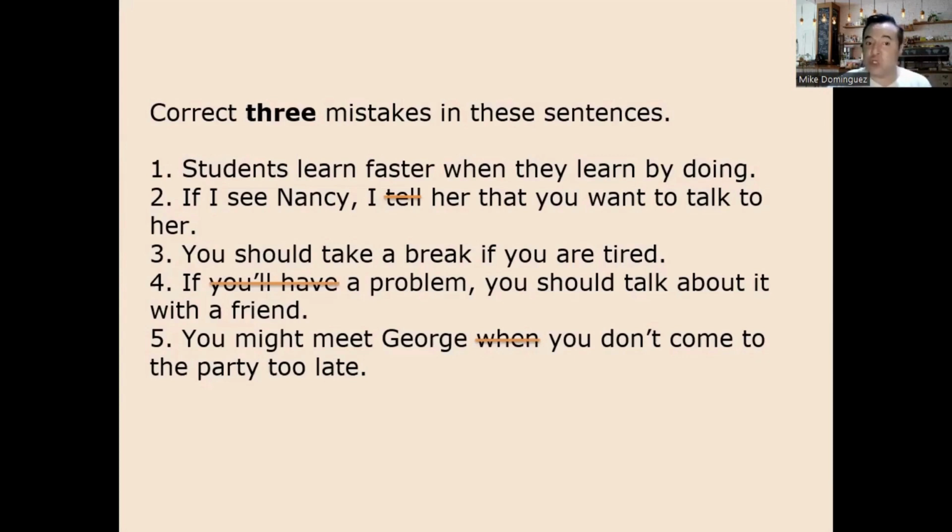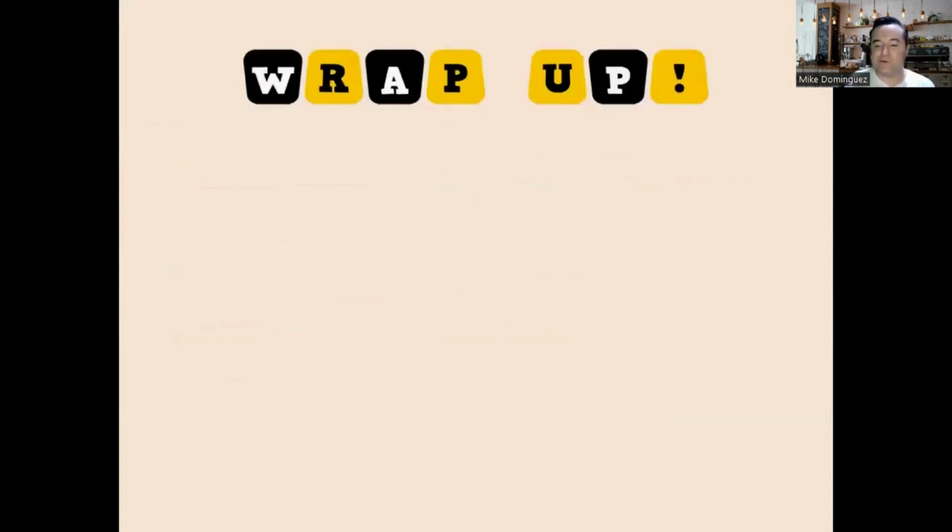No debe de llevar you will have a problem. Yeah, I will tell her that you want to talk to her. Number 4, aquí sería you have a problem. If you have a problem, ahí es correcto, no debe llevar el will. And the number 5, you say if, ¿verdad? You might meet George if you come to the party tonight. Yes? There you go. Very good.